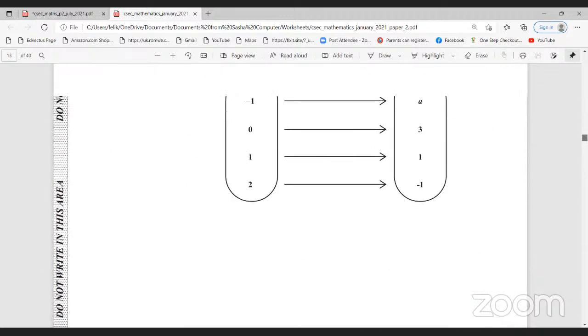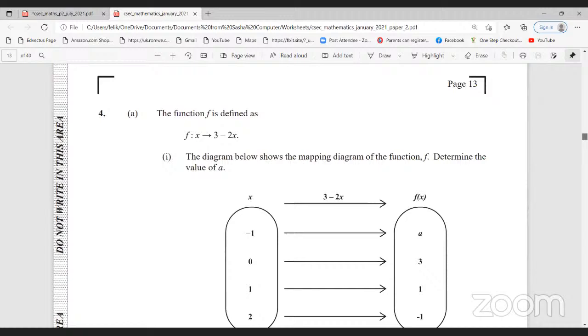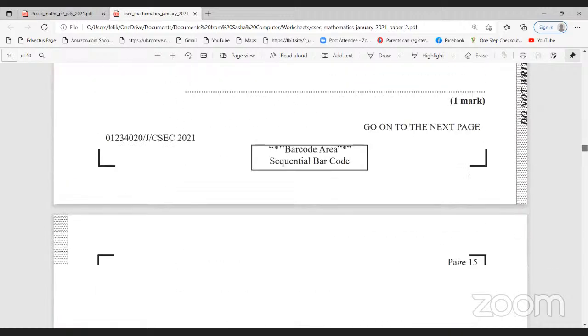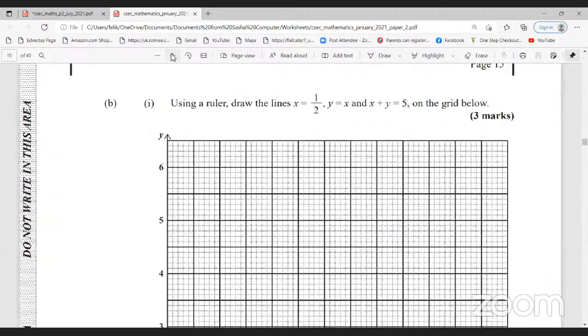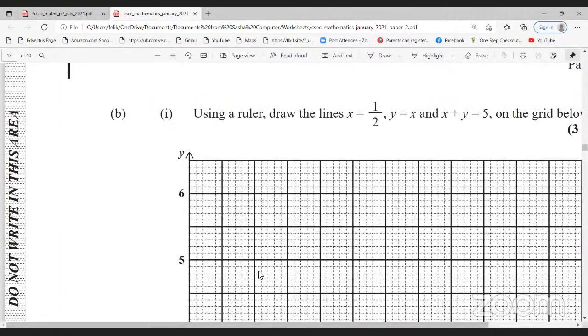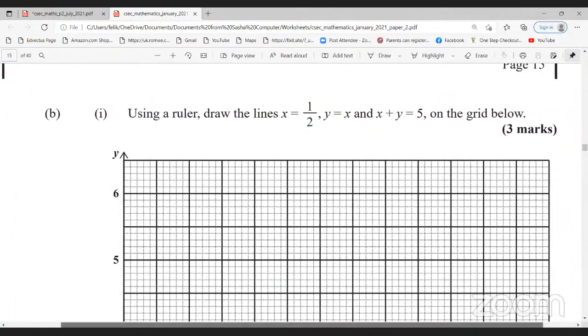Let me see the question before. Okay, so that part of the question is not connected to this part at all. So that's the question.